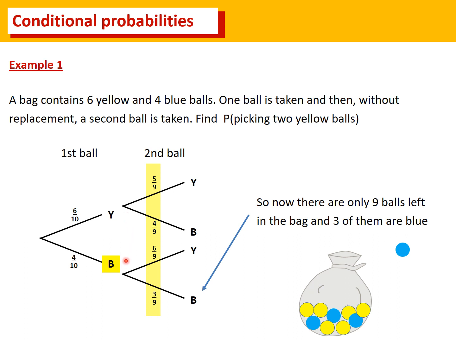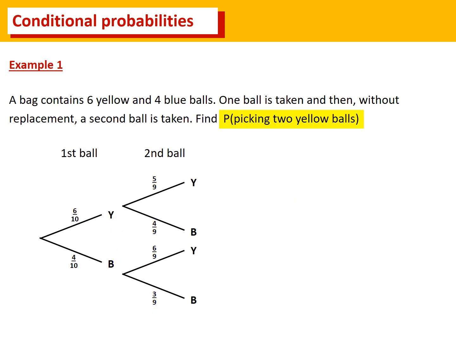That must mean that these probabilities are dependent on these first outcomes. So now if you want the probability of picking 2 yellow balls, that's that top outcome there, yellow followed by yellow, we multiply along the branches, and that gives us 30 out of 90, which is 1/3.